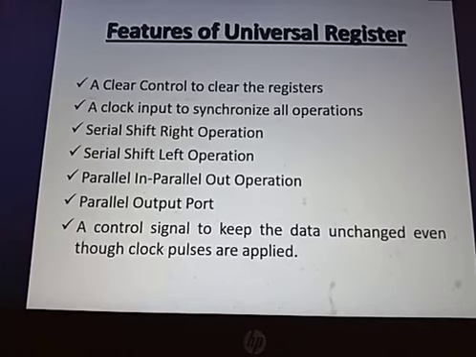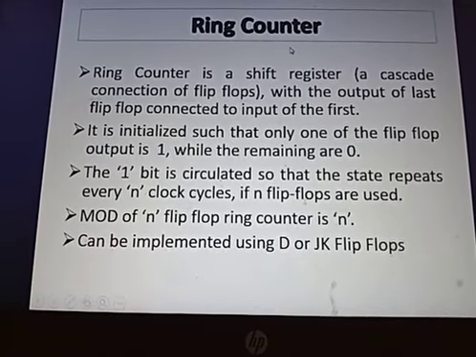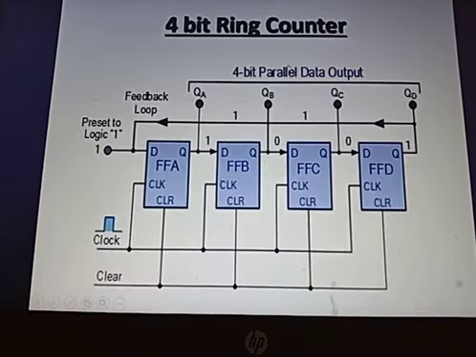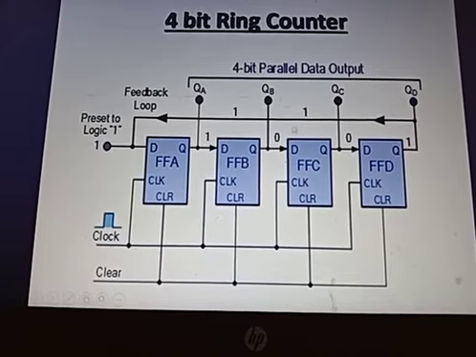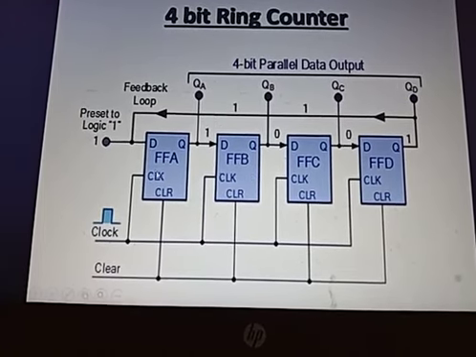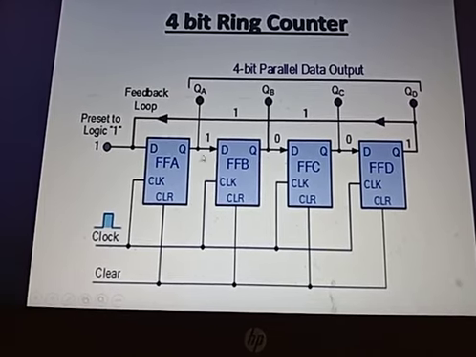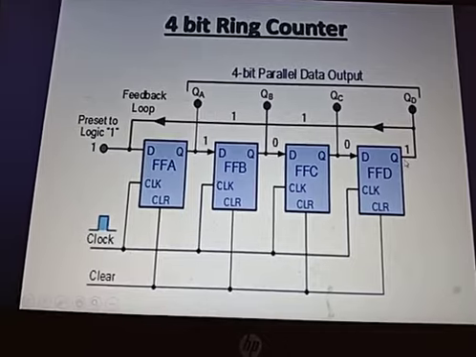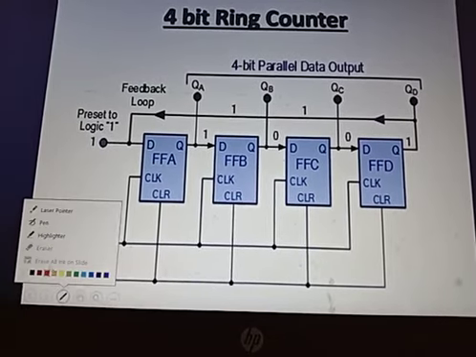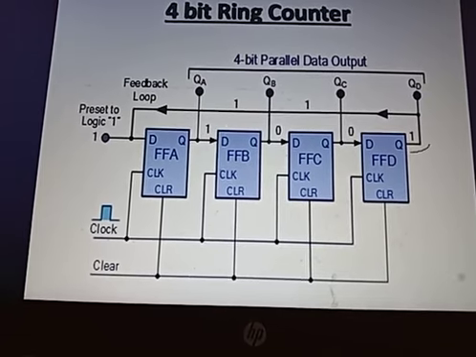And the next topic is a ring counter, which is very simple, though you might be confused about the purpose of the counter. Just look at the circuit diagram, what is the speciality. Now when you forget about this brown color line, you can see it is an ordinary shift register, a serial in and parallel out shift register, right? Now in this, I am going to connect, just look at this important change here, this output.